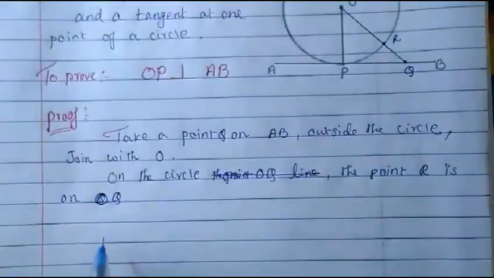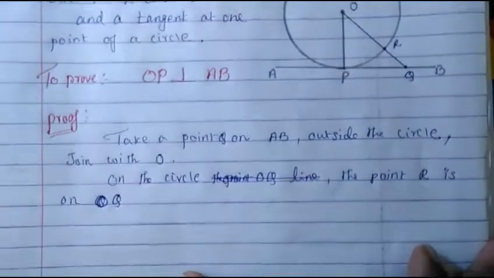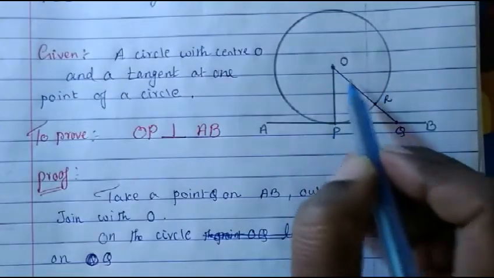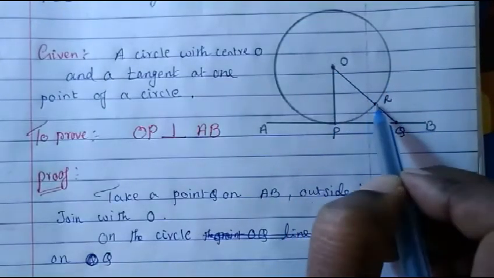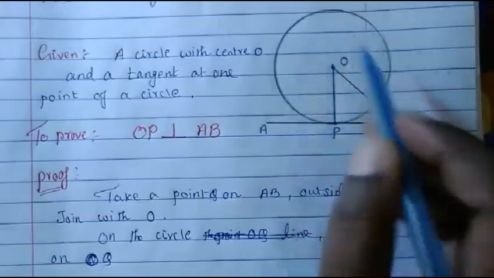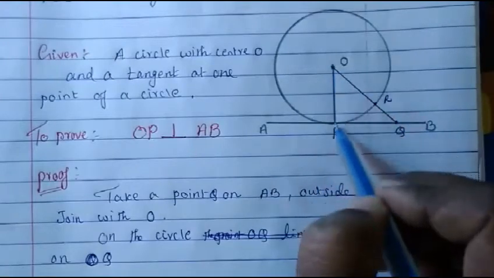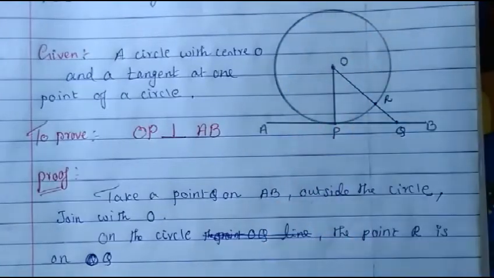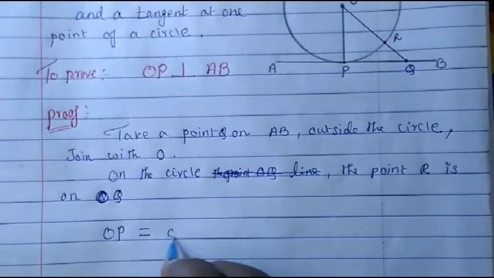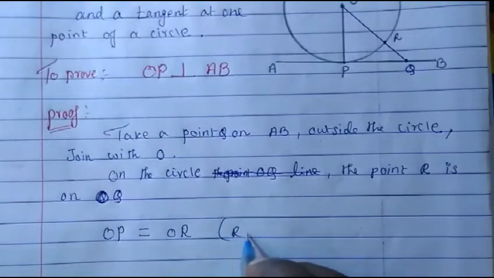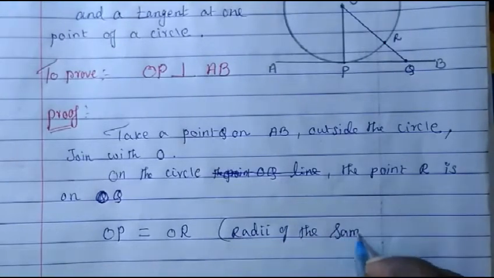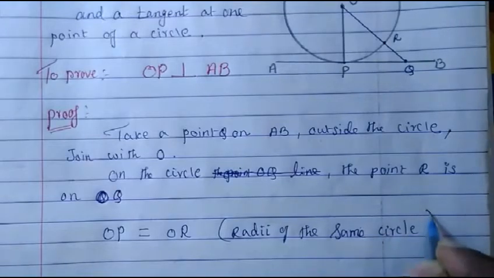Now let's go to the proof. First let us write down OP equals OR. Why? Because P is on the circle and R is also on this circle, so both become radii of the same circle. Therefore OP is equal to OR. Reason: they are radii of the same circle.